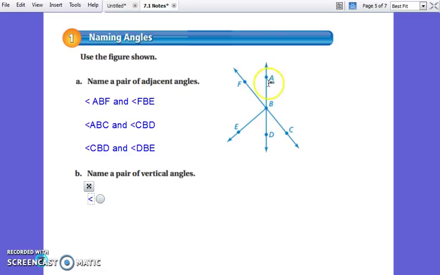So I'm going to name this angle ABF, that's angle ABF and angle CBD. Okay. Those are right across from each other, and they also look like they have the same exact measurement. So we'll go with those two for vertical angles.